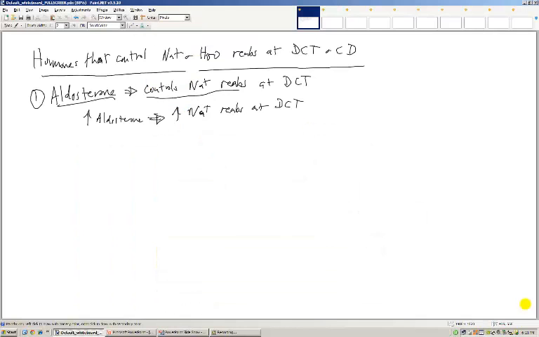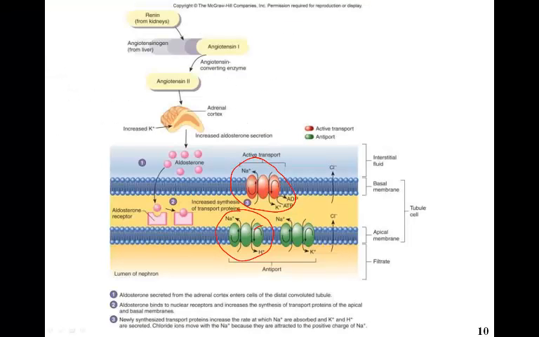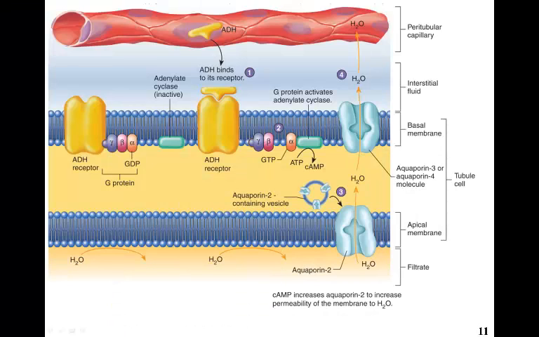Okay, and then the other hormone is called ADH, or antidiuretic hormone. And that hormone controls water reabsorption at the collecting duct mostly. ADH comes along and binds to receptors. It's a water-soluble hormone, so it binds to receptors on the cell surface. Don't forget there's a cumulative final coming up.